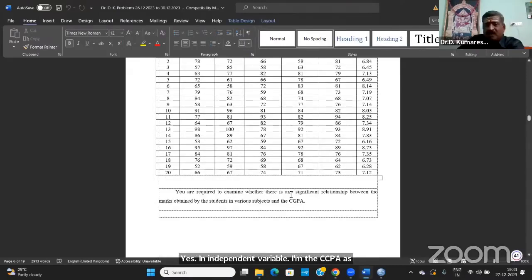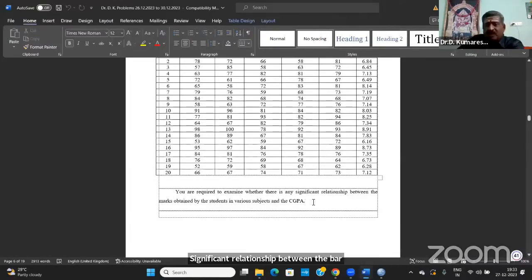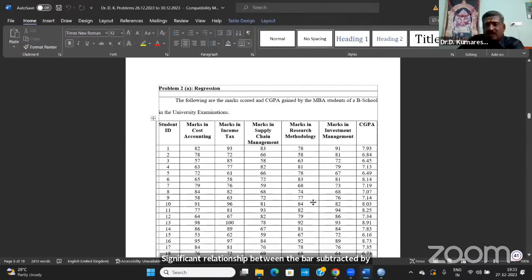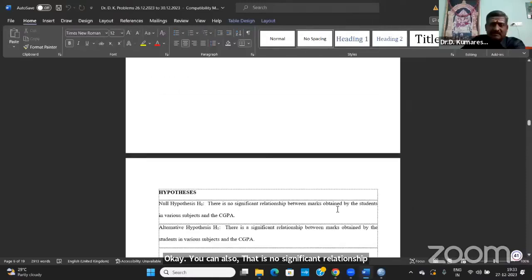You are required to examine whether there is any significant relationship between the marks obtained by the students in various subjects and the CGPA. Here also we can make a null hypothesis and an alternative hypothesis. There is no significant relationship between marks obtained and CGPA.